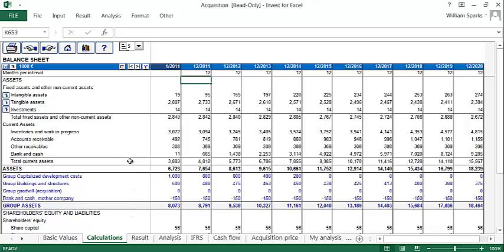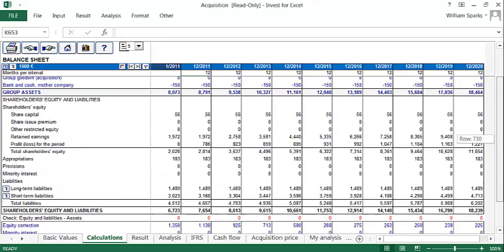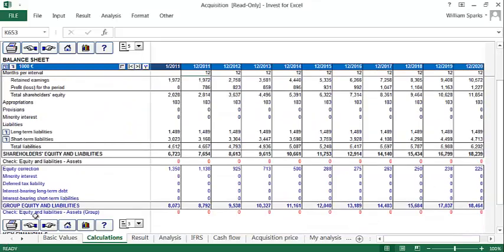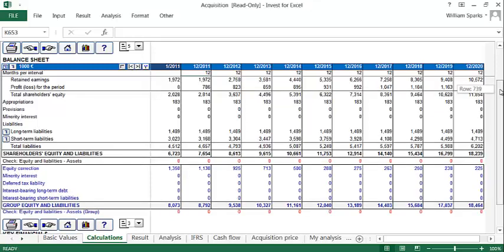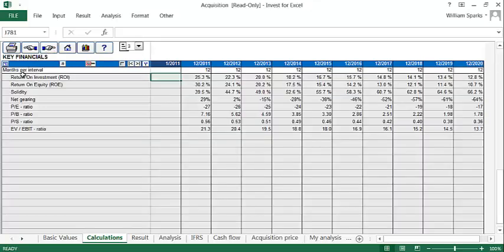But the balance sheet takes care of itself. All the changes come from the other screens, so we don't have to do anything here. The blue ones, we come back to the blue rows. We are not looking at those yet. It's next phase. Next screen.